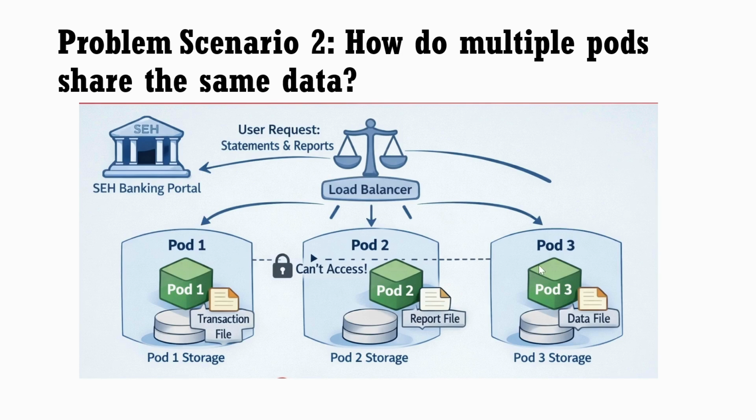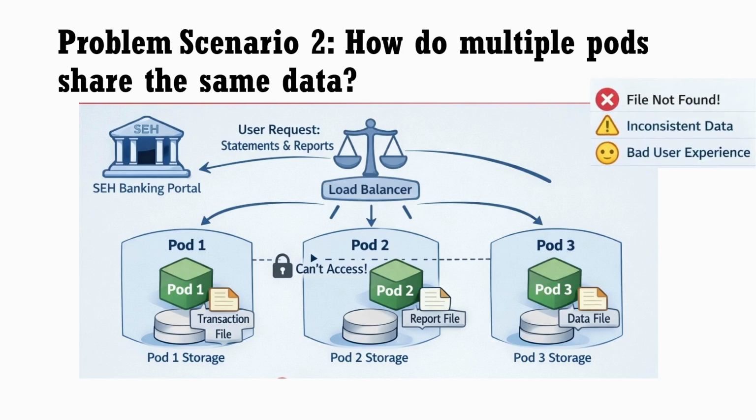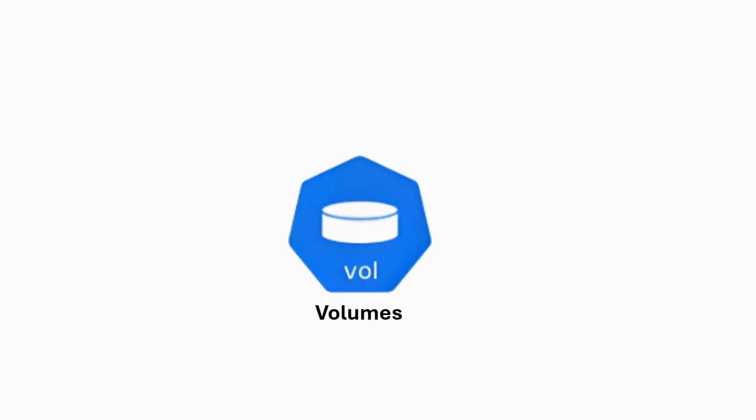That pod may not have the required files, which may result in file not found, incomplete or inconsistent data, and a bad user experience. In simple words, we can say each pod has its own cupboard, but no pod can open another pod's cupboard. So to solve the problems we discussed in these 2 scenarios, we use volumes in Kubernetes.